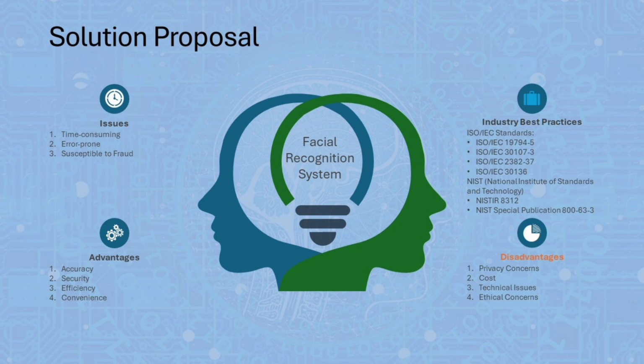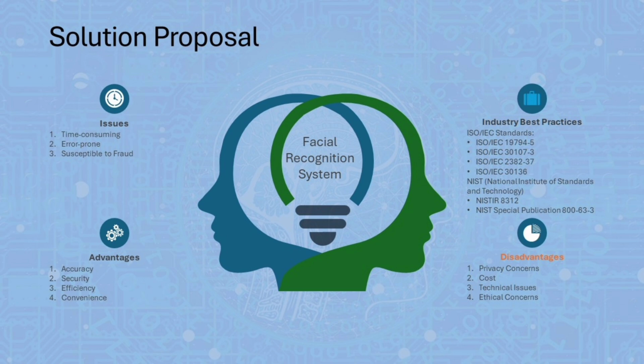Unauthorized access and fraud in educational settings can lead to severe consequences, including data loss and breaches. To combat these threats, the solution will introduce advanced authentication techniques through facial biometrics to verify individuals and protect sensitive information.